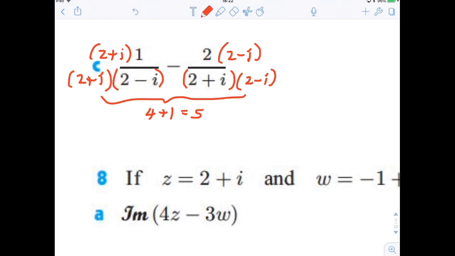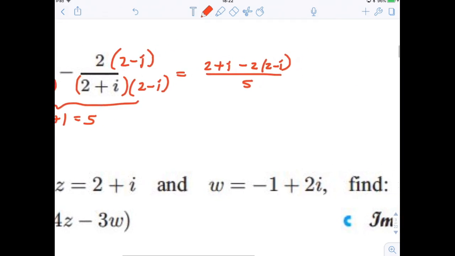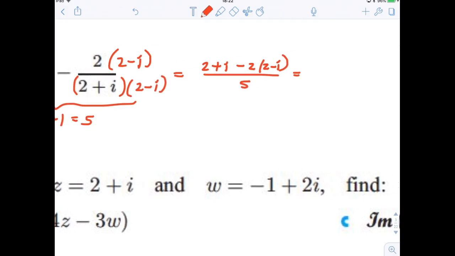And the numerator, let's do the numerator. So 1 times 2 plus i is 2 plus i, minus 2 times 2 minus i, divided by 5, equals 2 plus i, negative 4 plus 2i.